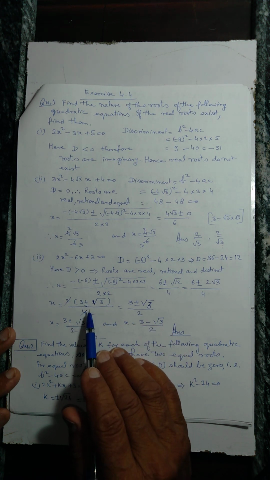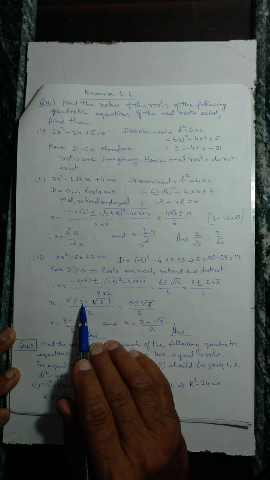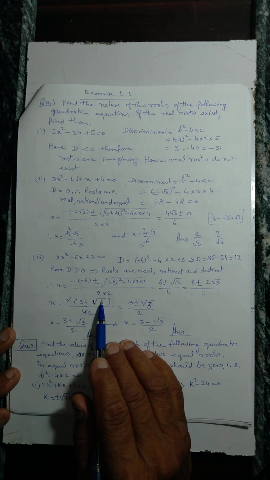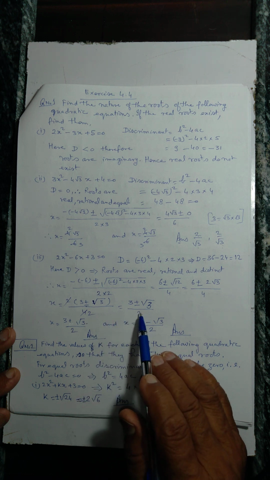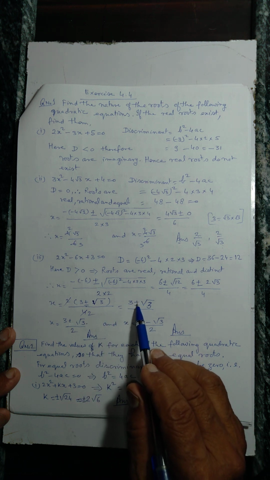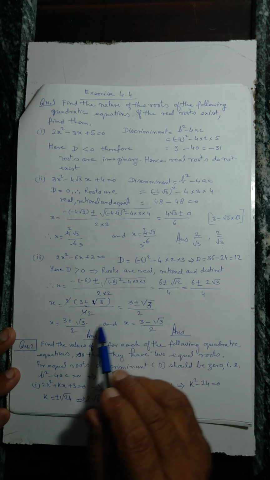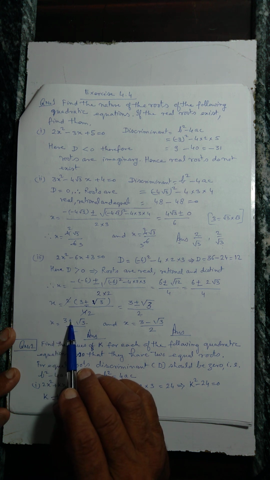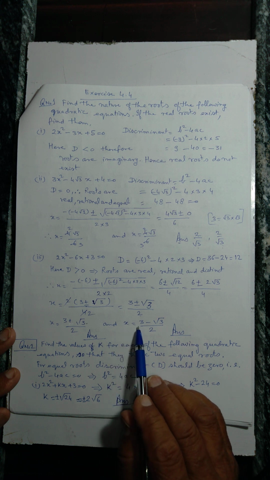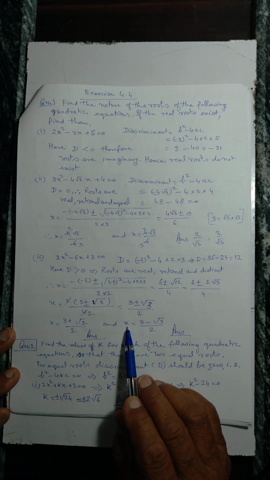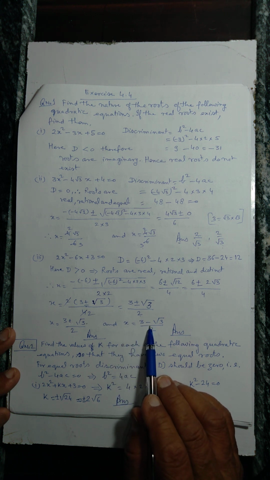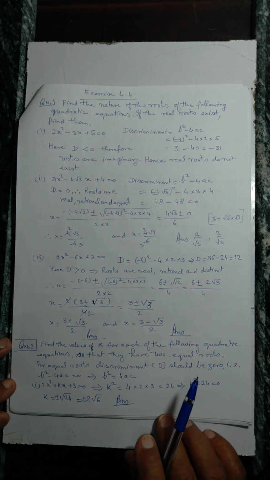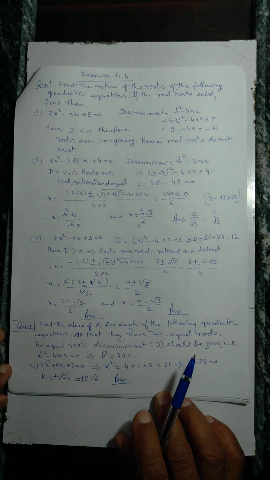So inside the bracket we are left with 3 plus minus root 3 whole divided by 2. And the value of x will be 3 plus root 3 by 2, and the second value will be x equal to 3 minus root 3 by 2. These are the two answers of the third part.